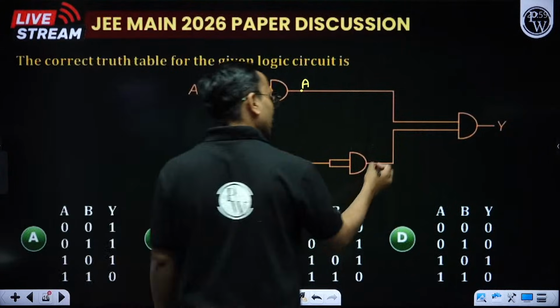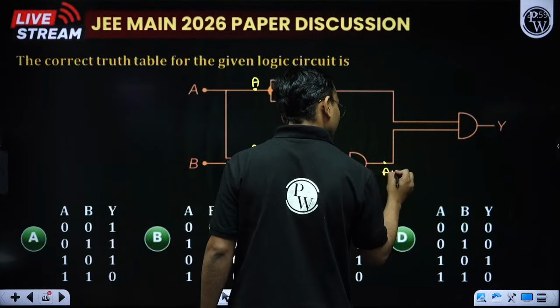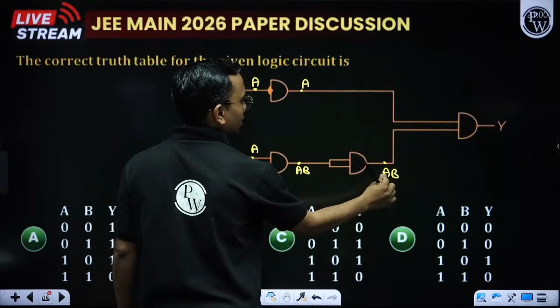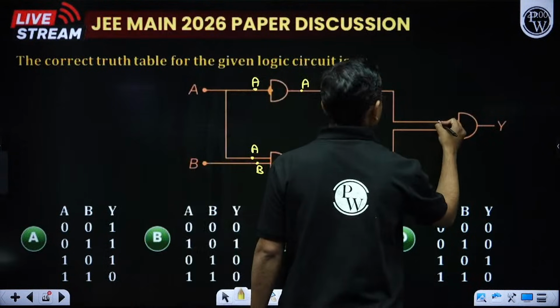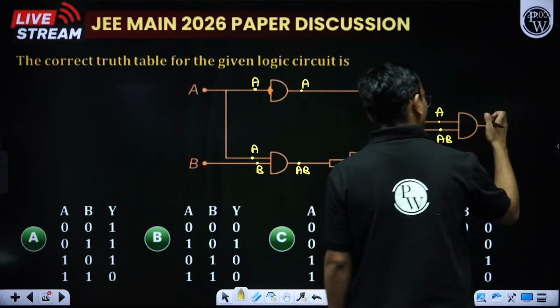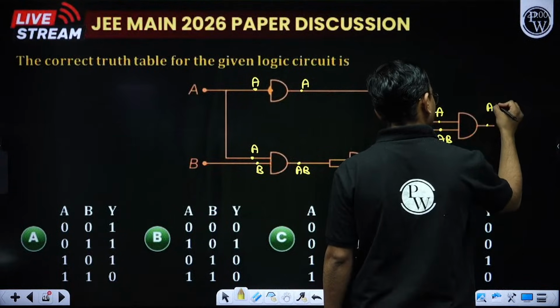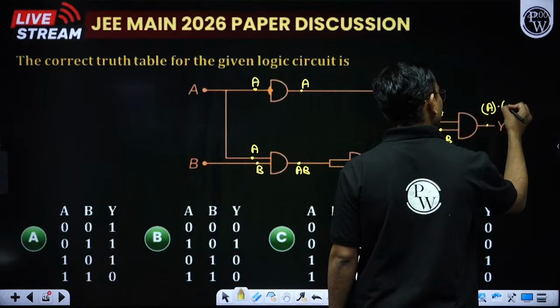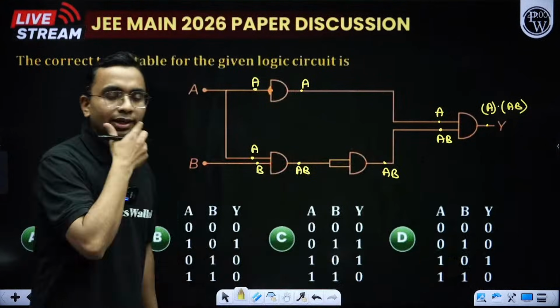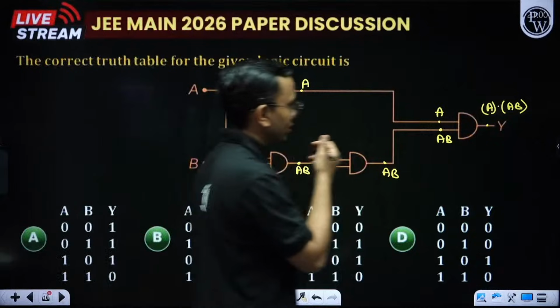Now AB into AB is AB. This is AND, both the terminals are connected. AB into AB, that is AB. So this is A and this is AB. Now you take AND, means A into AB. What is A into A, by the way? That is A. So this is AB.